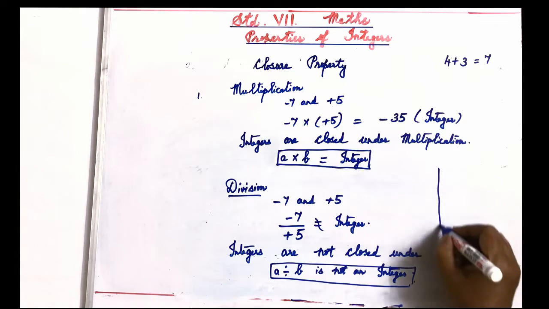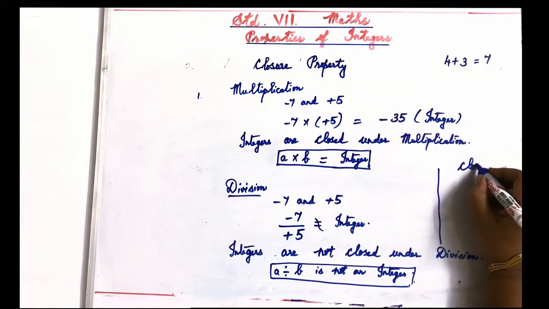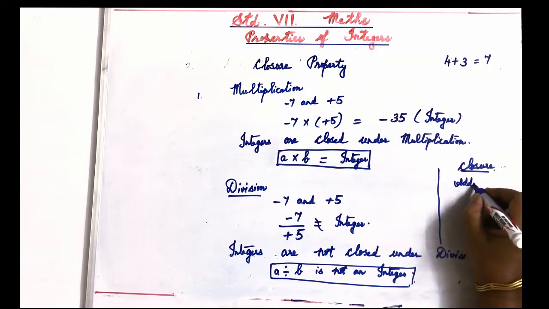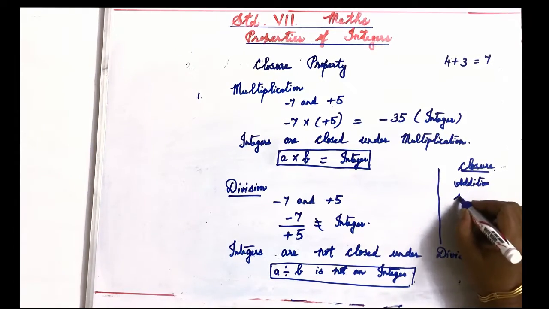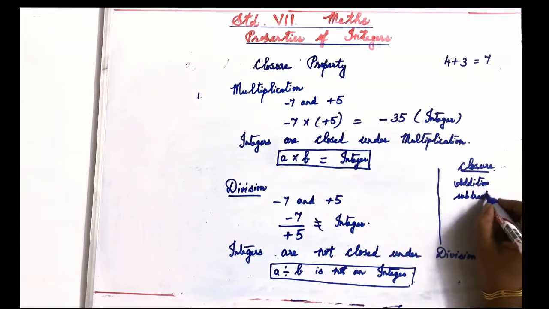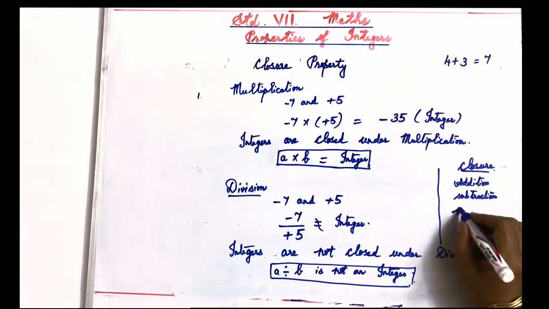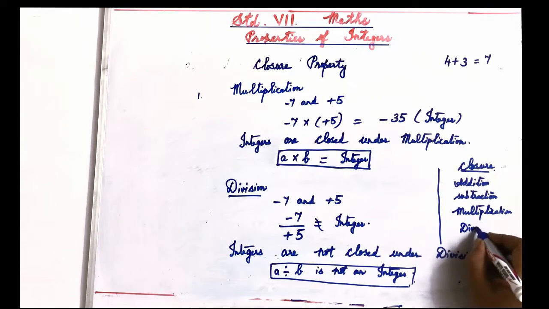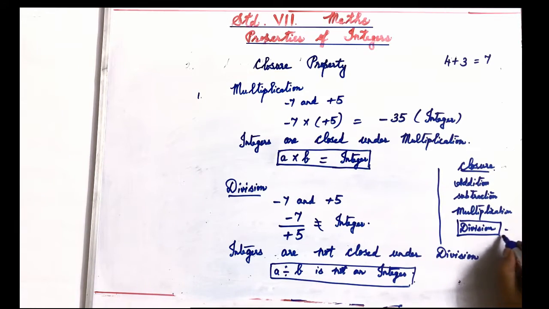So if you say about closure property, this is true for addition, subtraction and multiplication. For all these, closure property is true. Only for division, closure property is not true.